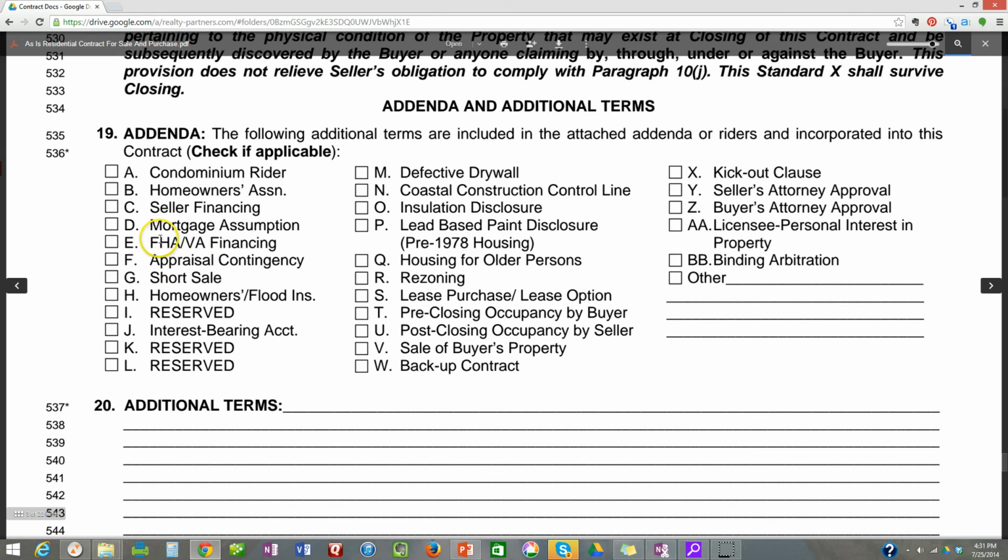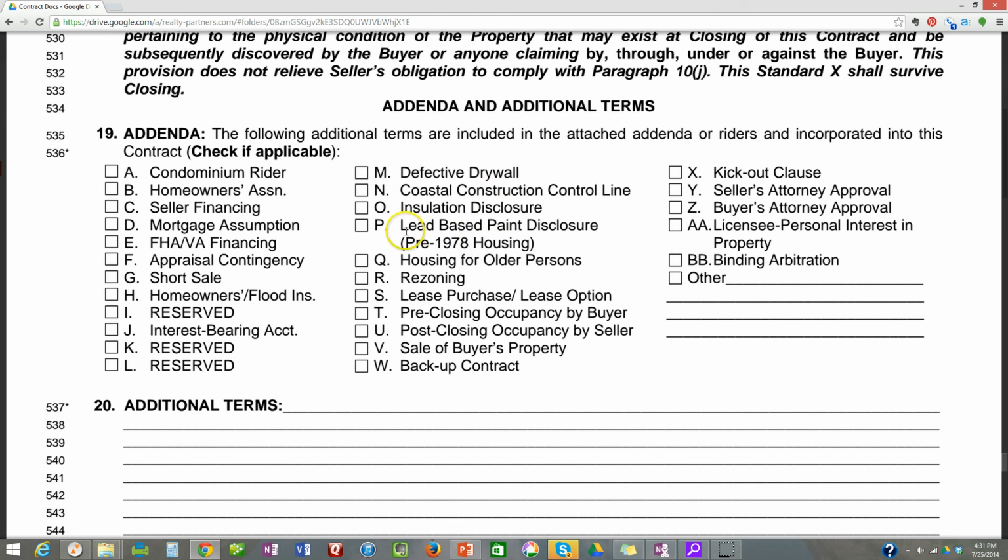Financing contingencies, short sale, interest-bearing escrow account, that's really non-existent at this point since banks aren't paying any interest. Lead-based paint, still important. Just because it is an as-is contract doesn't mean that this disclosure doesn't have to be given.